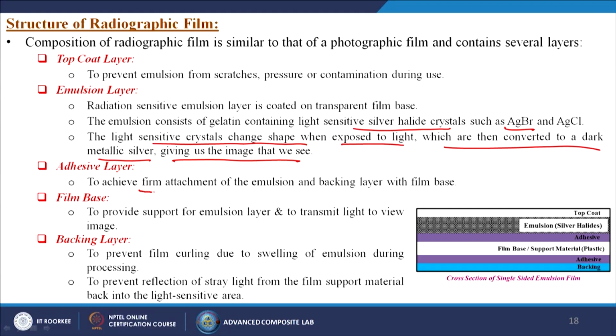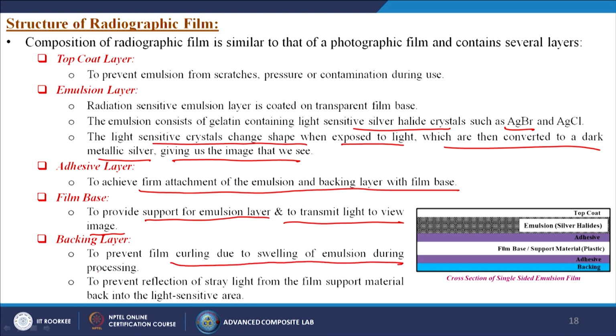Next one is called the adhesive layer, to achieve firm attachment of the emulsion and backing layer with the film base. Next one is called the film base, to provide support for the emulsion layer and to transmit light to view the image itself. Then the backing layer, to prevent film curling due to swelling of the emulsion during processing, and to prevent reflection of stray light from the film support materials back into the light sensitive area.